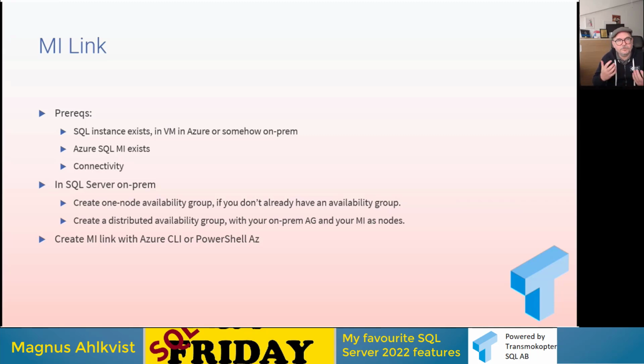The prereqs for this is, of course, you have to have a SQL instance, either on-premise or in an Azure VM. You need to have an Azure SQL managed instance, and you need to have network connectivity. And that network connectivity cannot be a public endpoint, because the actual replication in the distributed availability group is going to be on mirroring endpoints, so port 5022 or something, and you can't have a public endpoint for that.